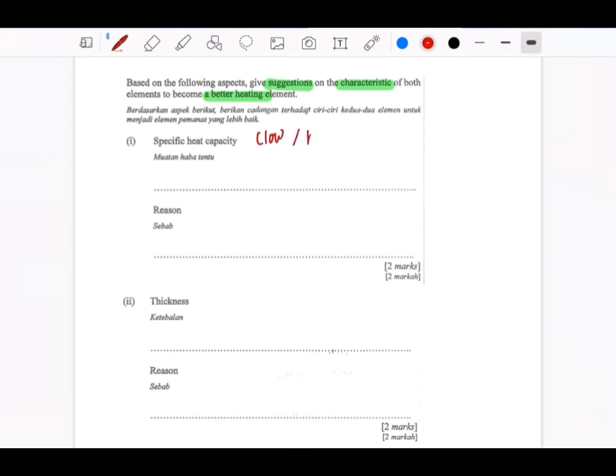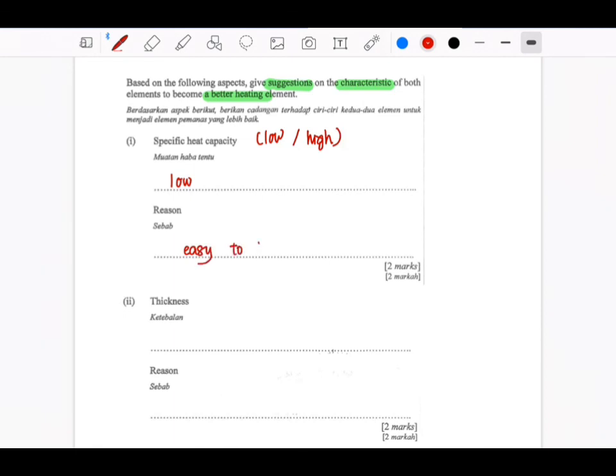So it's either low or high specific heat capacity. For a heating element, we need to heat up the element faster. So the material used for the heating element must be low specific heat capacity so that the temperature can be increased faster. So the reason can be heat up faster.